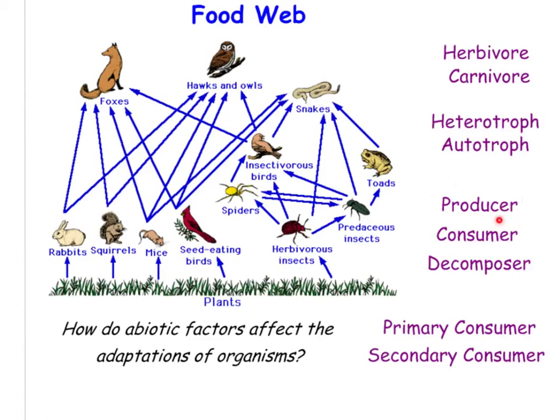So those are other terms that mean the same things as heterotroph and autotroph. So on land, in terrestrial ecosystems, the producers generally are plants. In aquatic systems, aquatic environments, the primary producers are generally algae.